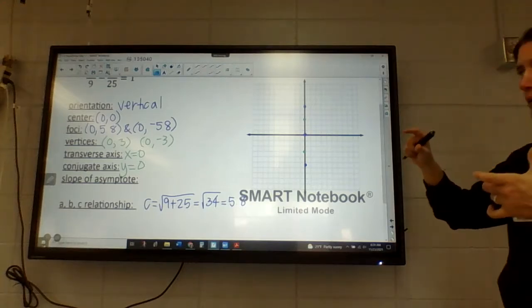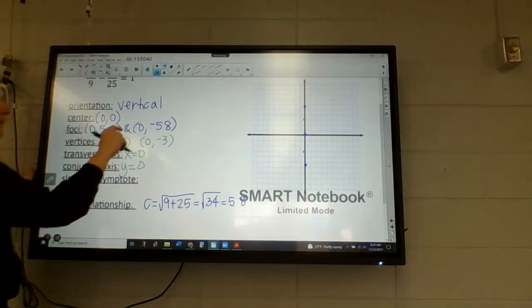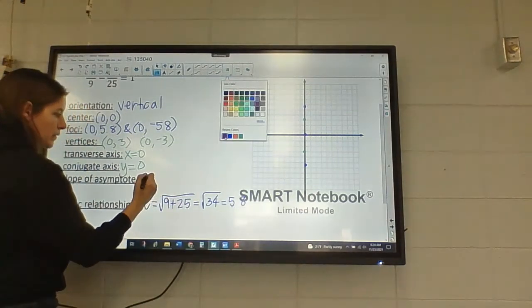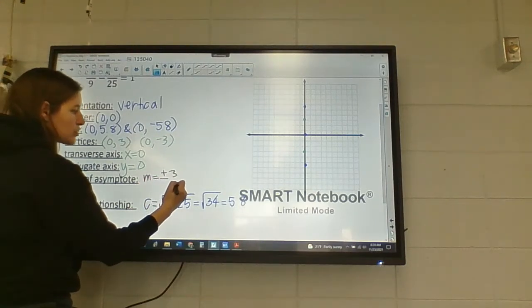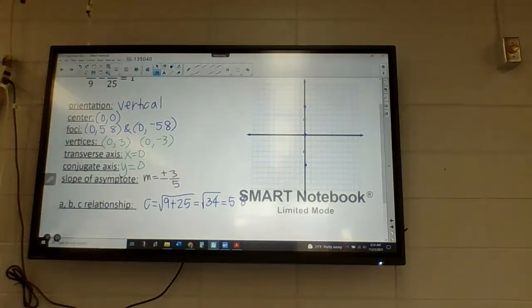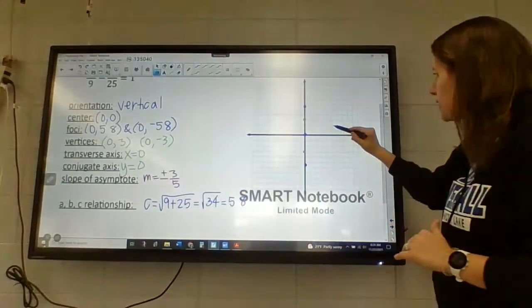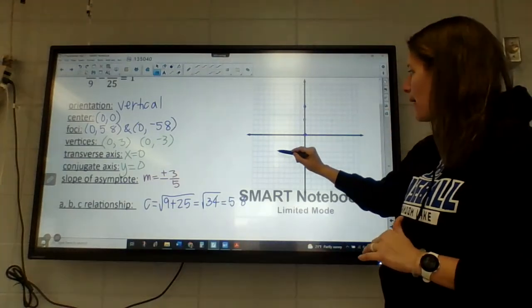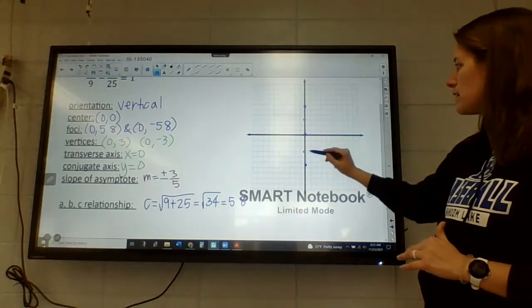So this one would be 3 over 5. It's plus or minus 3 over 5. I'll show you this one, but again, you don't have to do this. So 3 over 5, I go up 3 and over 5. I go down 3, back 5. But then I also have to reverse it.